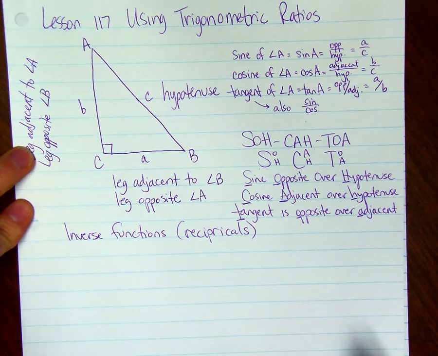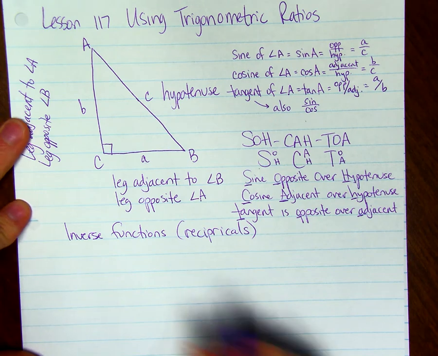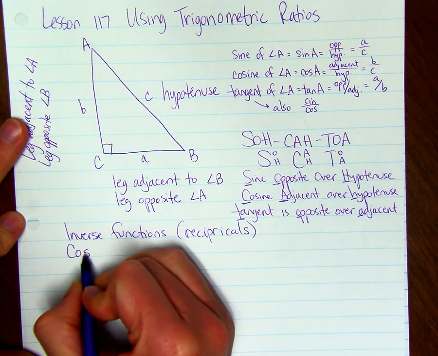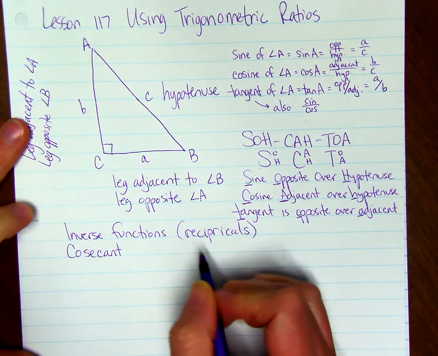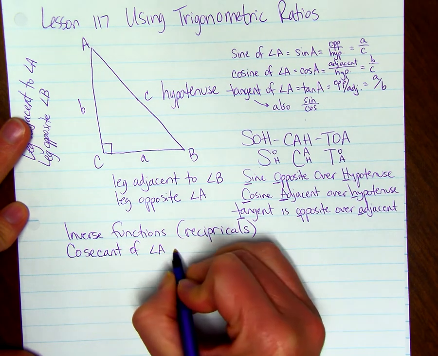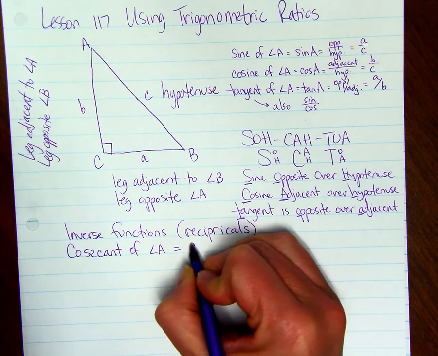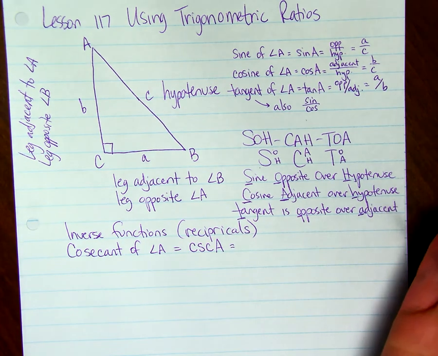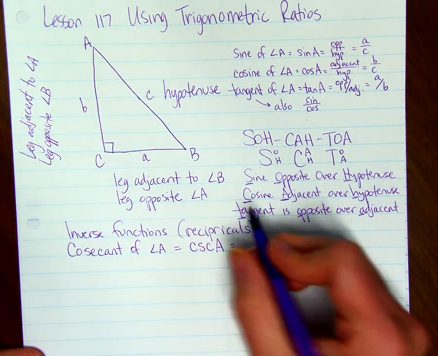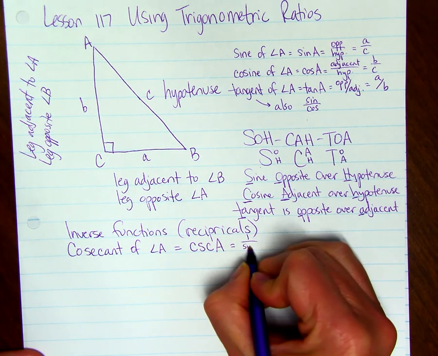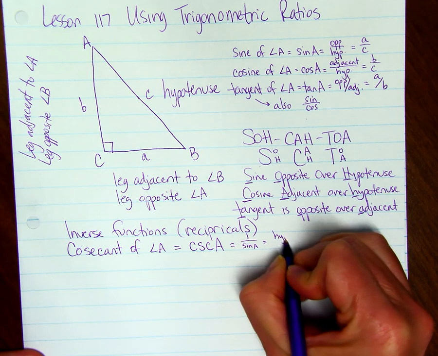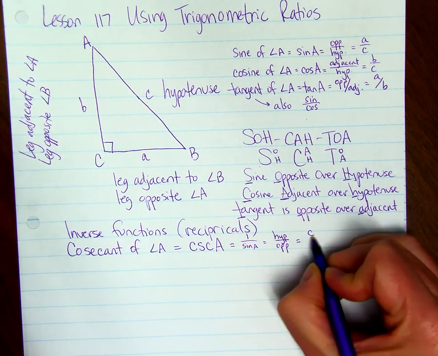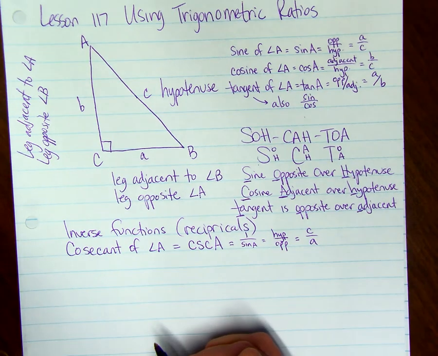If I wanted to do the reciprocal of the sine, that's called the cosecant of angle A. We write cosecant as csc of angle A, and that is 1 over sine of A, or hypotenuse over opposite, which is c over a.